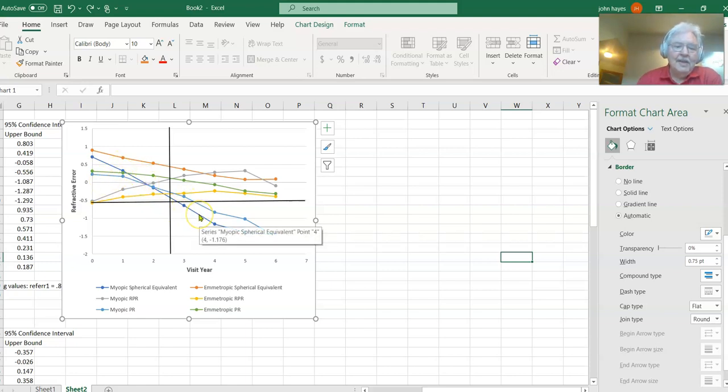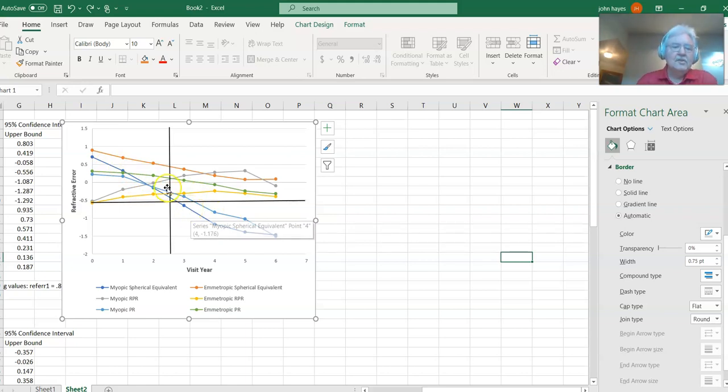But down here, then, the myopic spherical equivalence is less. So after you become myopic, that's when your relative peripheral equivalence is positive. And people talk about relative peripheral refraction rather than peripheral refraction. So it's just kind of interesting, that little difference right there.